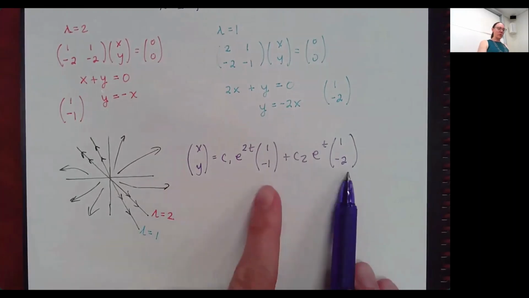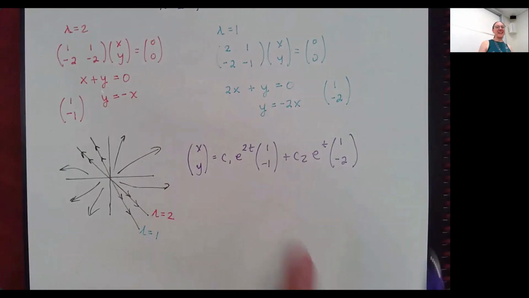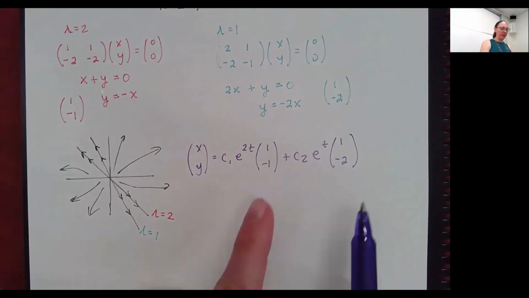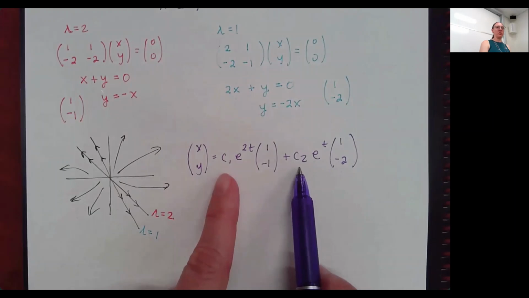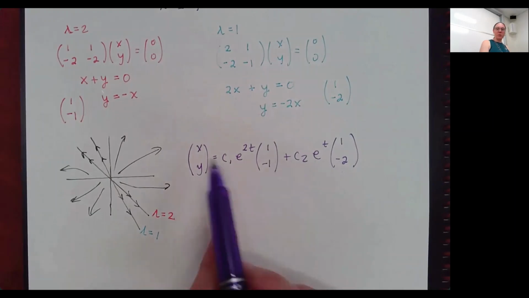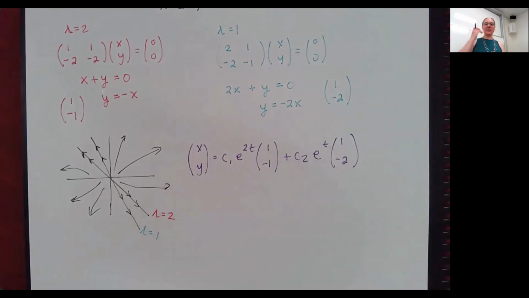Whatever you choose, it's going to be a scalar multiple of one of my eigenvectors. So when we go to solve for the particular solution, it's just going to mean that my constants won't match your constants. But if we multiply it all out, we'd get exactly the same thing. So I'll just stick with these.